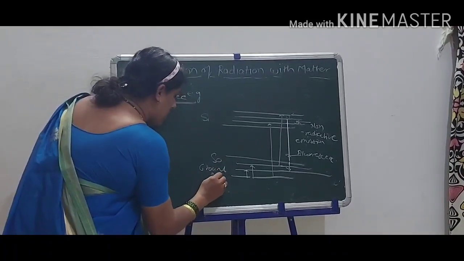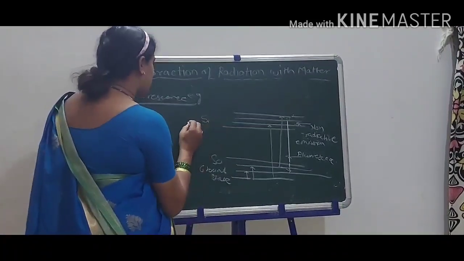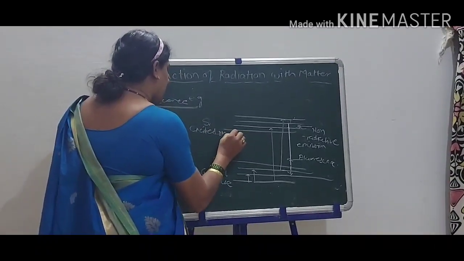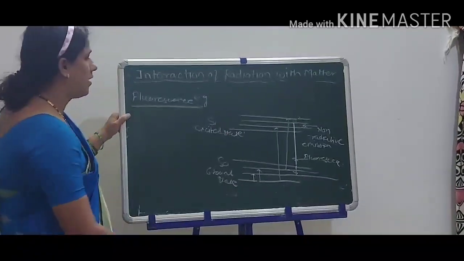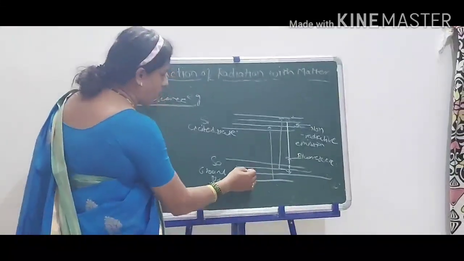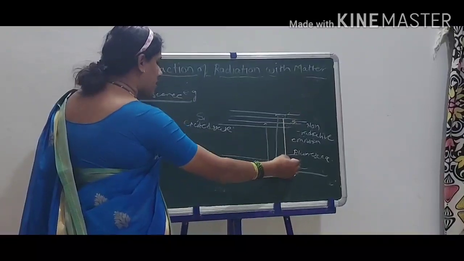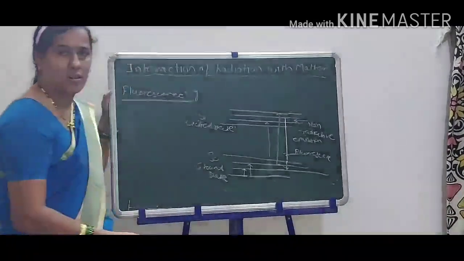This is the ground state. S0 is called the ground state. S1 is called the excited state. Now the transitions from ground state to excited state to ground state are shown here.